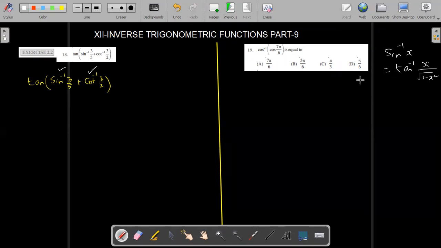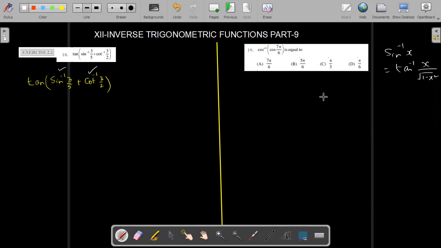How to do this the easy way, that we did in class 11th also. We will take sine inverse 3 by 5 as theta and draw a triangle. By the Pythagoras theorem we will find the other two sides and find the value of tan.